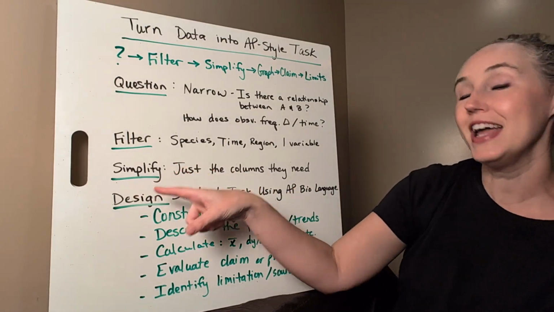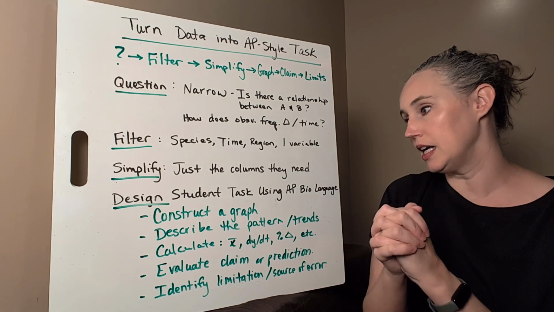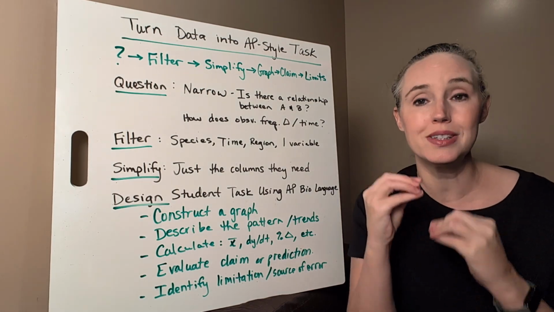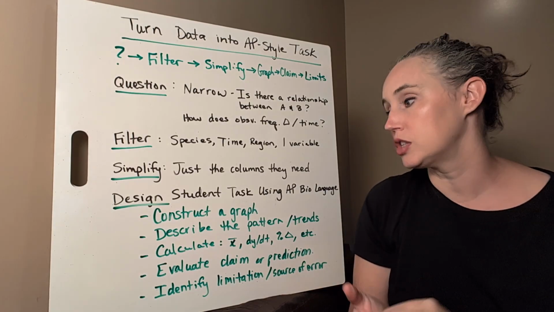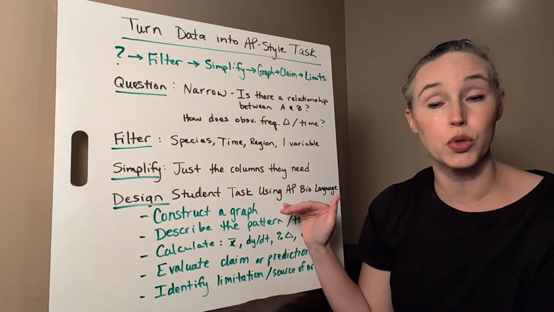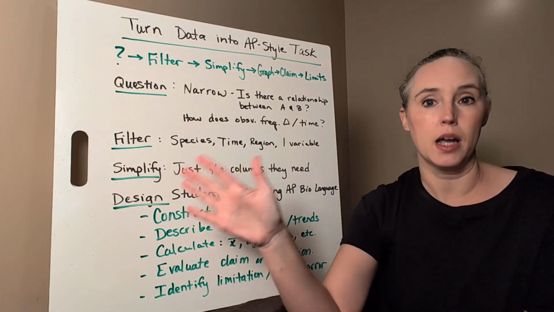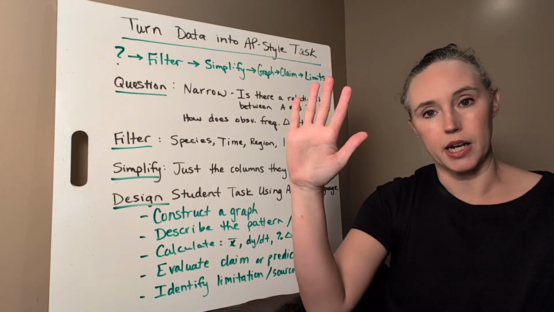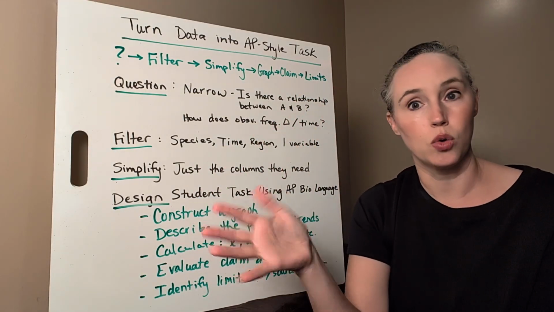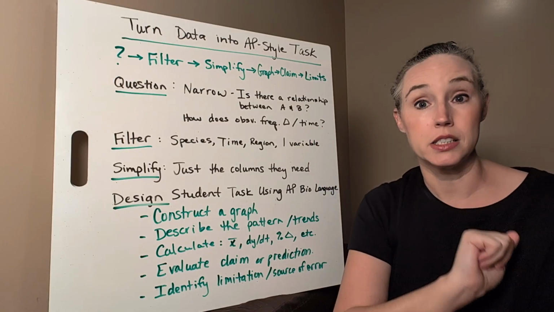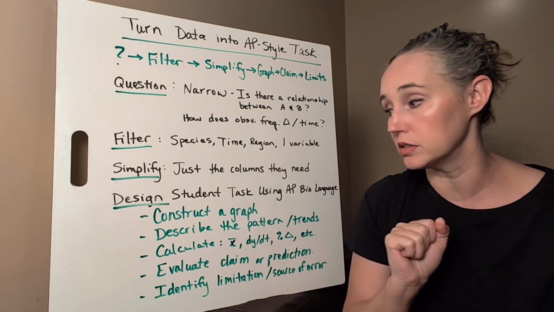So then, once you have your data table, you want to design a student task using the AP Biology language that they're going to see on the AP Bio exam. So have them construct a graph. And maybe at the beginning, you want to tell them what type of graph will go with this data. But then over time, as they start to learn the difference between categorical data and continuous data and the different types of graphs, they have to make that choice for themselves.